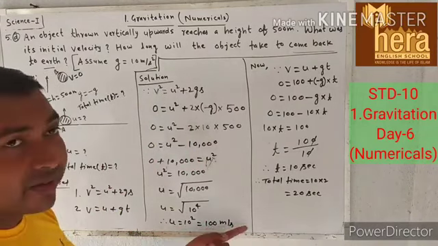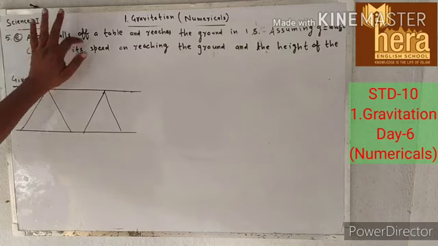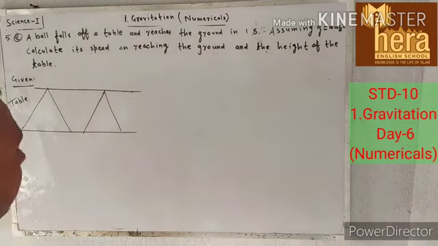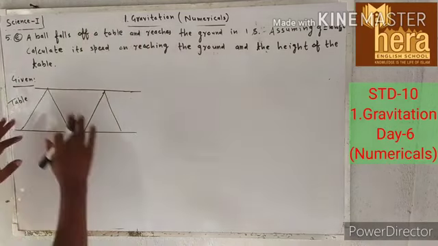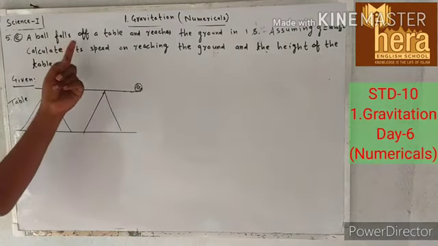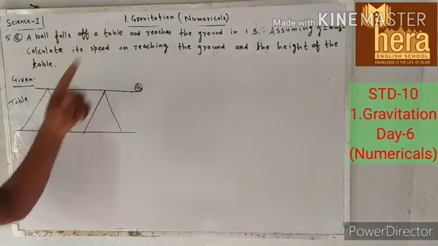So next, fifth E, a ball falls off a table and reaches the ground in 1 second. Given this is table, okay, and here is an object, and this is the ground. A ball falls off a table, reaches the ground in 1 second.